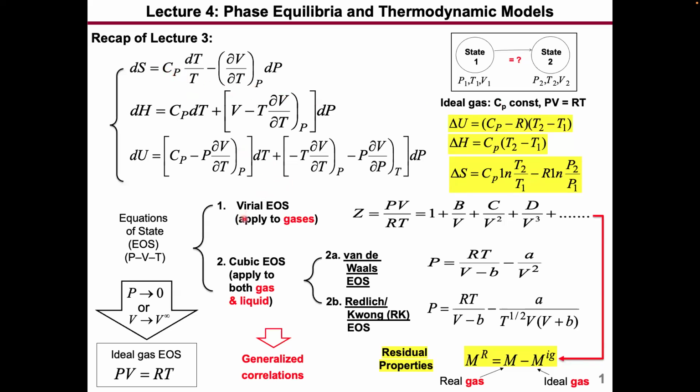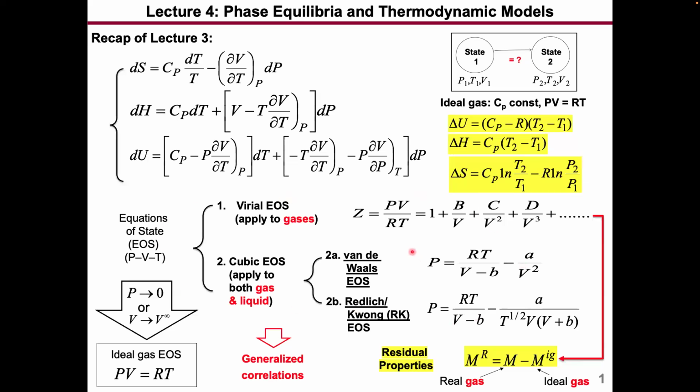But for the PVT relationship, in addition to the ideal gas law, PV equal to RT, we talked about different types of EOS for real gases, including the virial equation of state, and cubic equations of state, including the Van der Waals equation and the Redlich-Kwong equation.